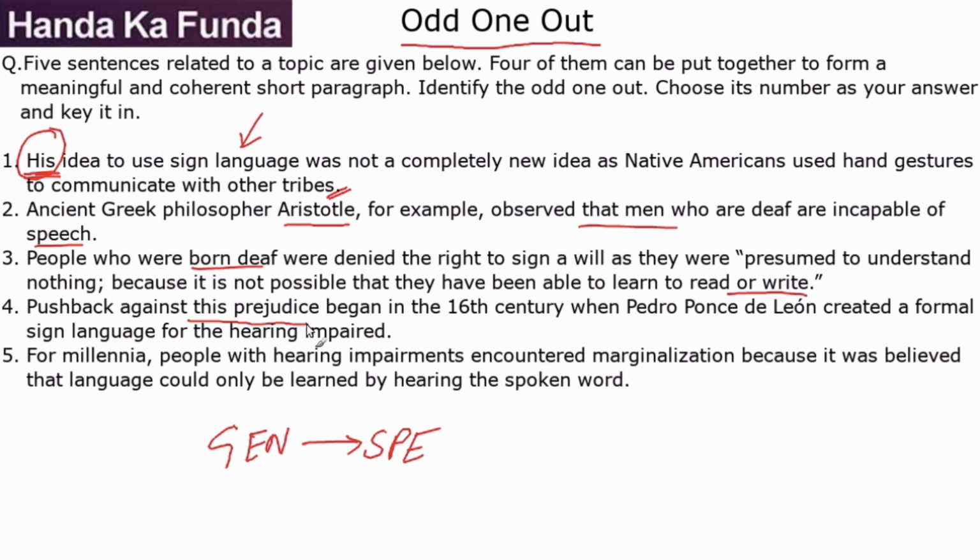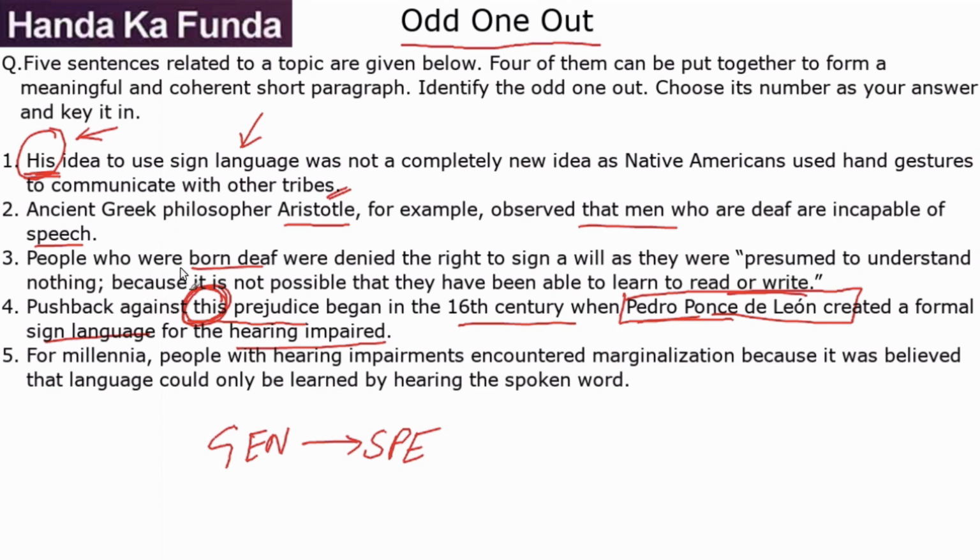Pushback against this prejudice began in the 16th century when Pedro Ponce de León created a formal sign language for the hearing impaired. Now, this helps me a lot. The person whose idea was to use the sign language, that particular person is Pedro Ponce de León. And this prejudice that is being talked about, that is the prejudice against deaf people, which kind of has been introduced to us in 3, but might have some other uses as well.